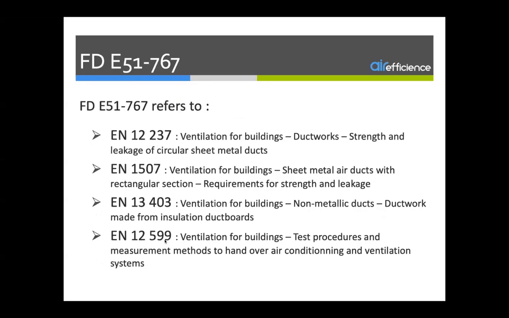This document refers to European standard for test, like EN 12237 for circular sheet metal ducts.